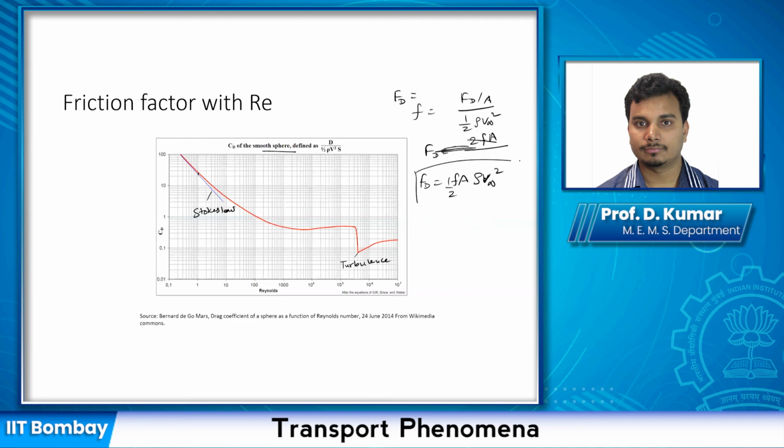From here you can calculate the drag force. As you increase the velocity, the drag force of course increases with the square, but your friction coefficient reduces, and you calculate the drag. Okay.